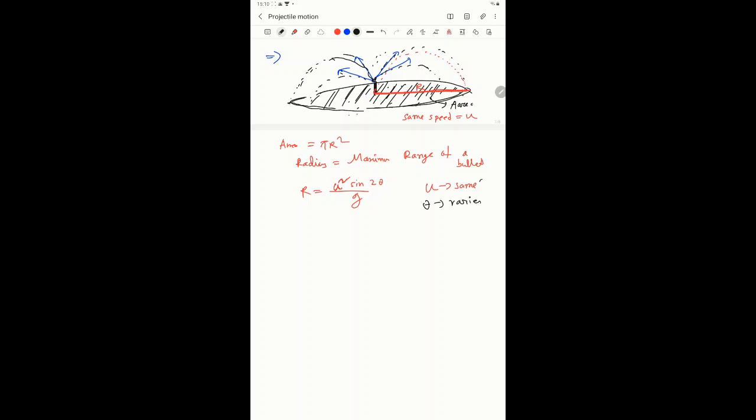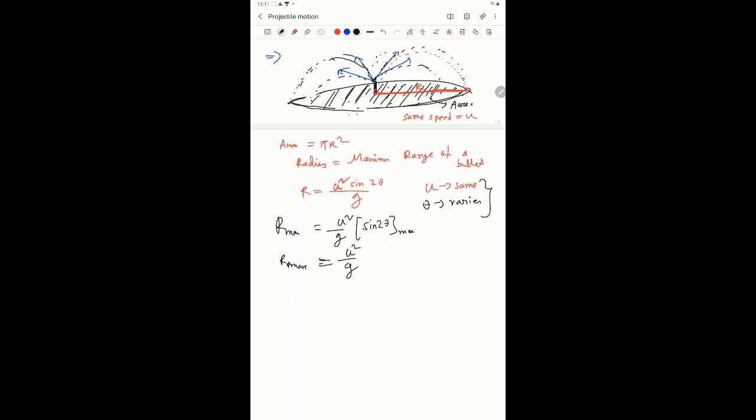For maximum range, R max will be u square by g into the maximum value of sin 2 theta. The maximum value of sine is 1, so u square by g will be the maximum value of the range.